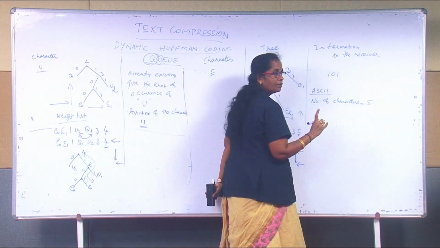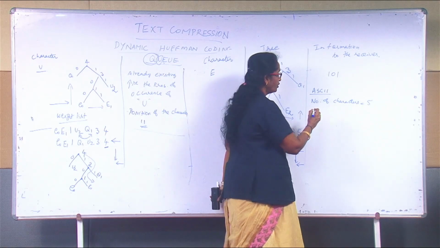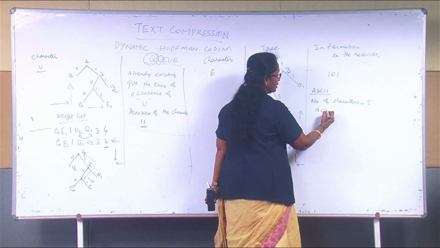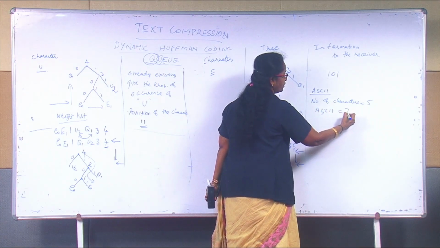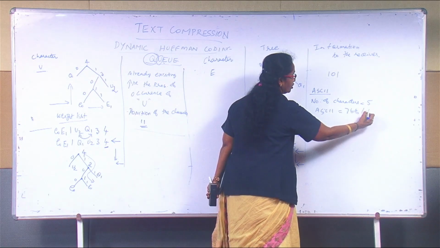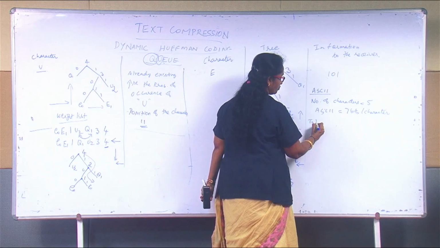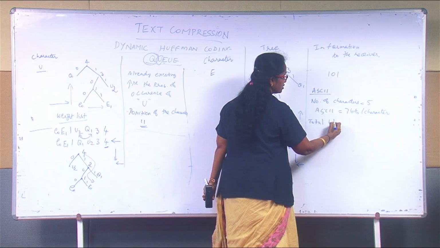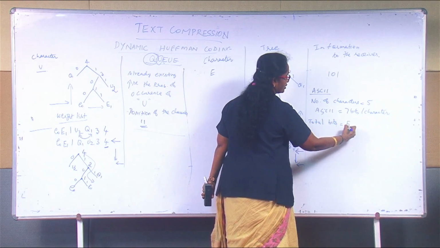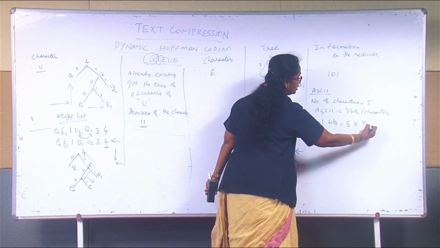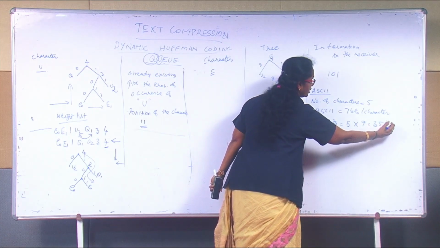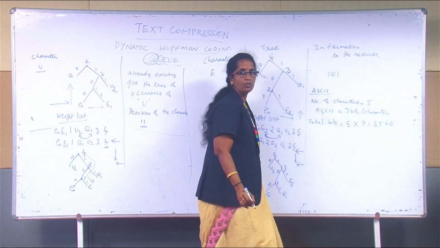And how many bits are required if you are using ASCII coding? In ASCII coding, 7 bits per character. Okay. Therefore, totally how many bits are required? Total bits is 5 characters, for each character 7. Therefore, 35 bits as we have seen in the static Huffman coding.